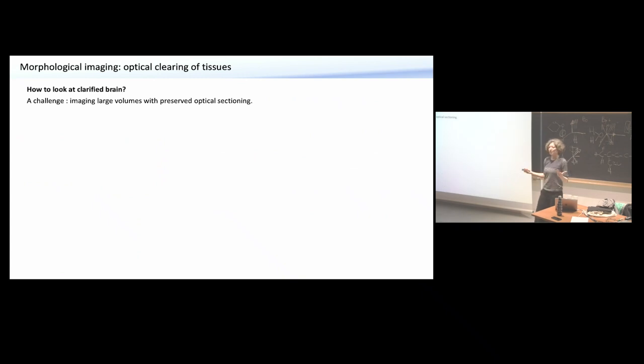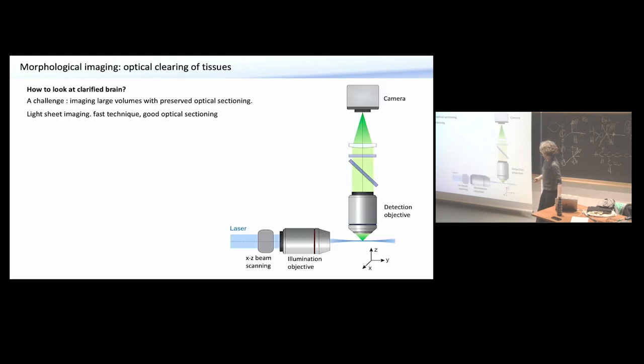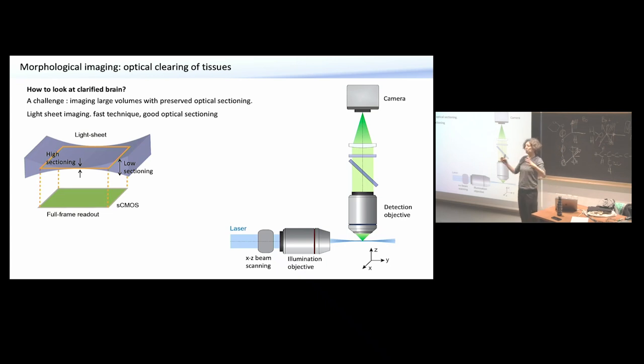So how do we look at this clarified brain? You can guess that one nice technique for that is the light sheet microscope, because it's fast and it has optical sectioning. But now we want to look at brains that are very big. The mouse brain, I remind you, is 10 millimeters.